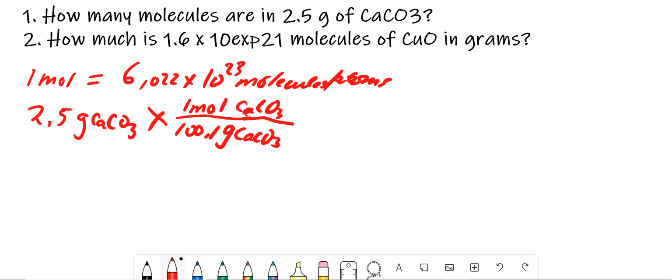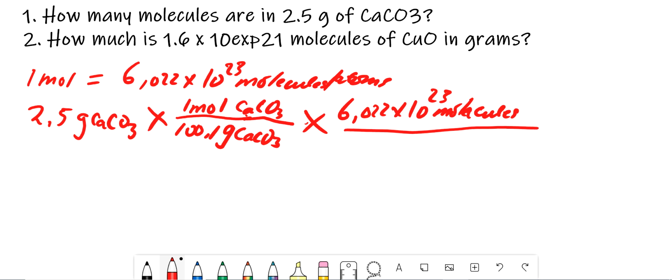In this case, we will then multiply this by 6.022 times 10 to the power 23 molecules, divided by 1 mole of calcium carbonate.